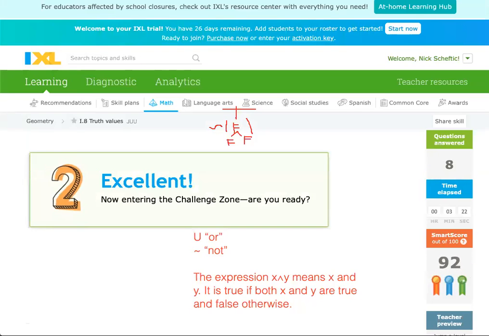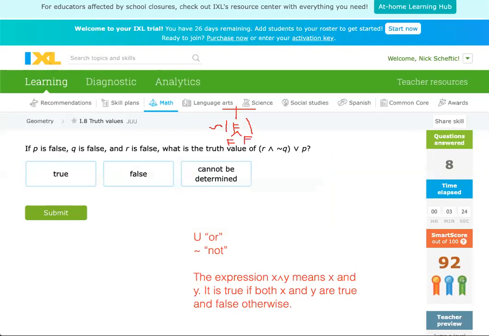All right, let's do one more here. Let's take a look at this one. P is false, Q is false, R is false. So they're all false. So it's going to be false, false, false.